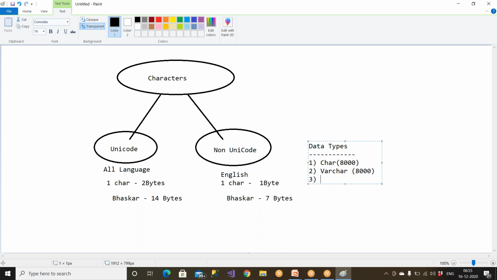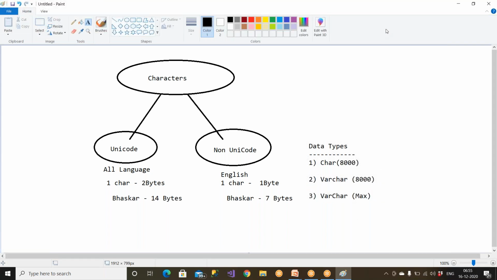And the next one is called varchar max. Clear? So these are the three data types Microsoft is giving us, and these are for completely non-Unicode data. You can store purely English data.